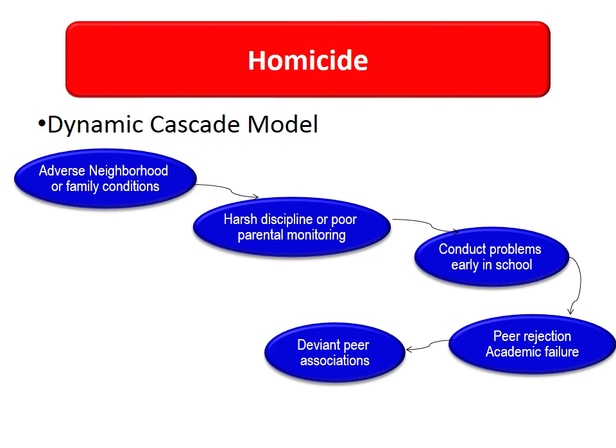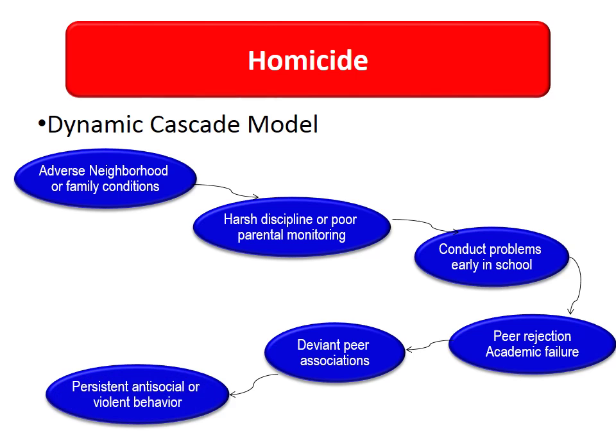The lack of parental presence could result in them associating even more with deviant peers, which then has even more negative influences on them. This then may lead to a persistent lifestyle that involves antisocial and or violent behaviors.